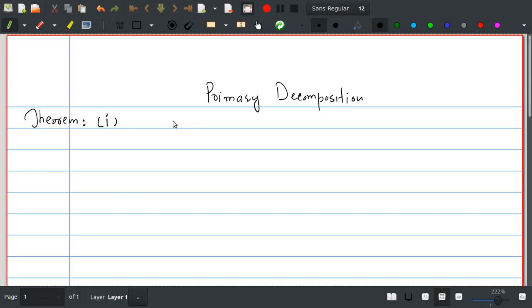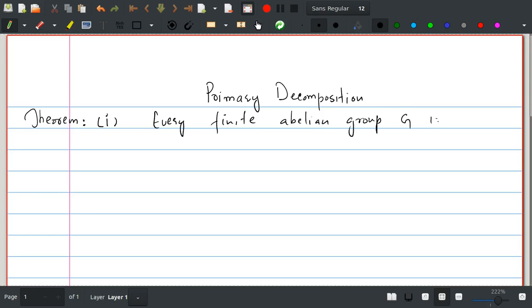So the first item is: every finite abelian group, say G, is the direct sum of its p-primary components.